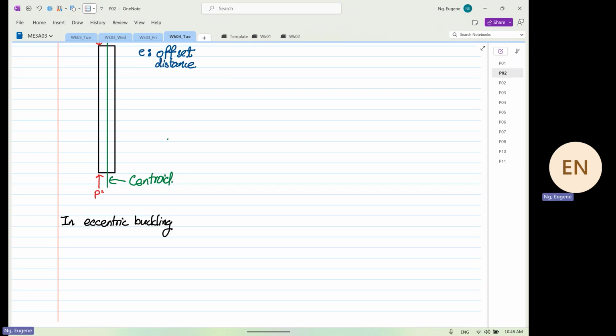It's not as straightforward as what we had before in bending. You have P over A, and then you have 1 plus EC over R squared, secant, and then you have 1 over 2 L over R square root P over AE.